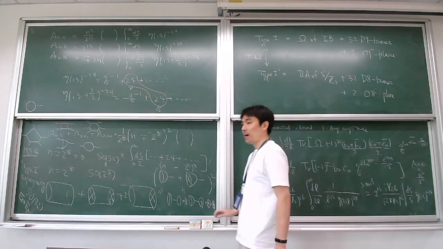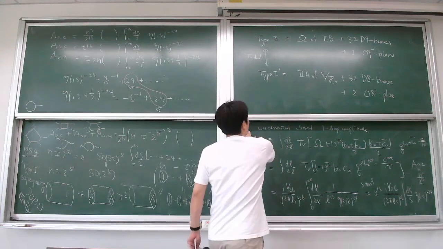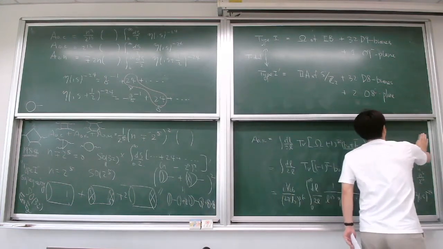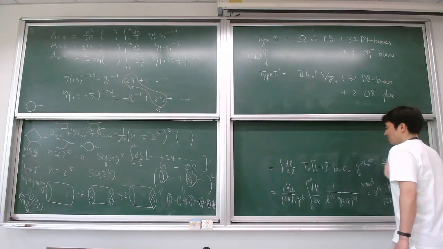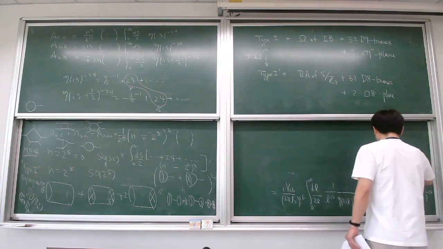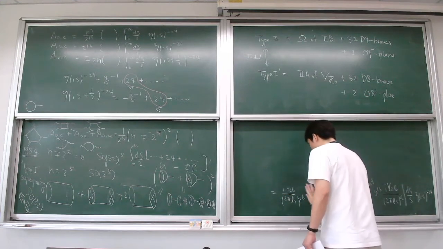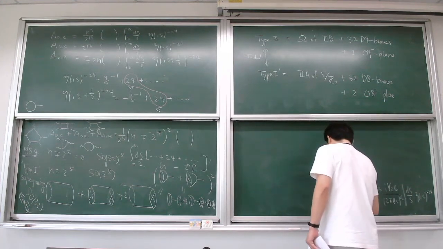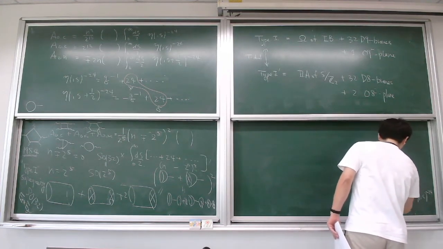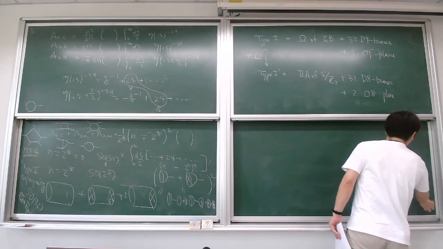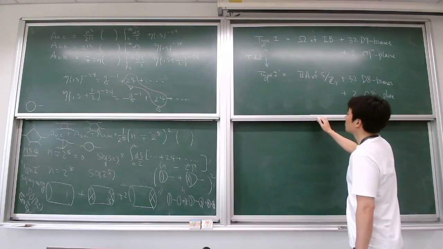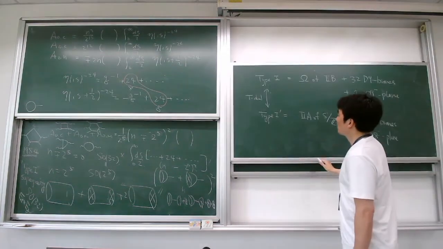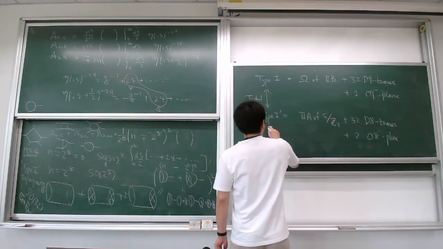And this type 1 prime appears, so we will see, it's quite miraculous. Everything works out. So this is indeed the low energy limit.